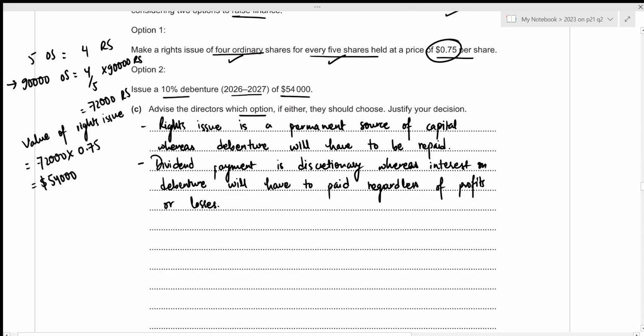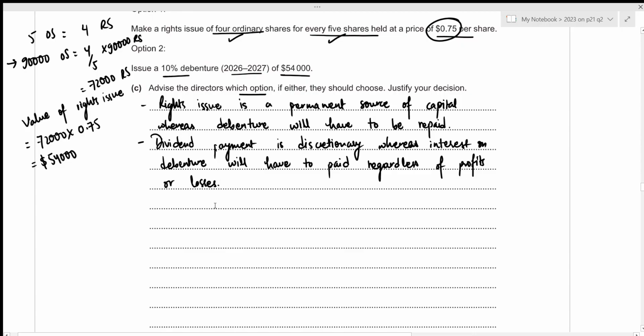Okay, now based on these factors, you need to make a decision. And in cases where you need to compare a rights issue to a debenture, personally, I would always favor the rights issue, because for a rights issue, we do not have to make any fixed interest payments, which will not reduce the profits. Let's write it down.